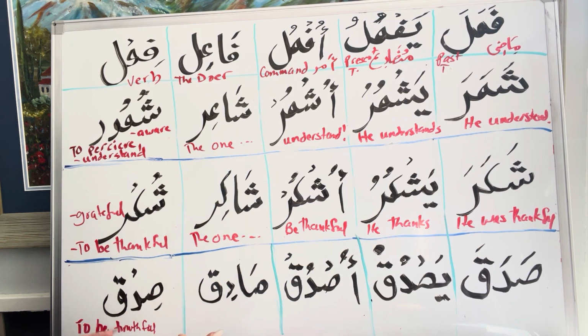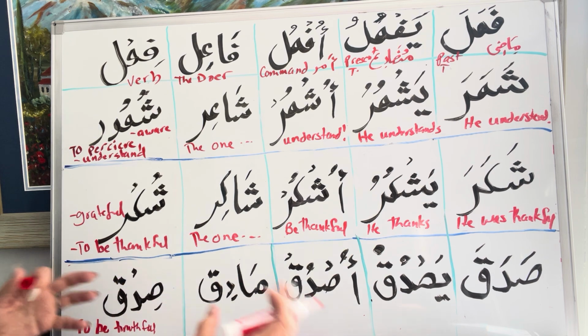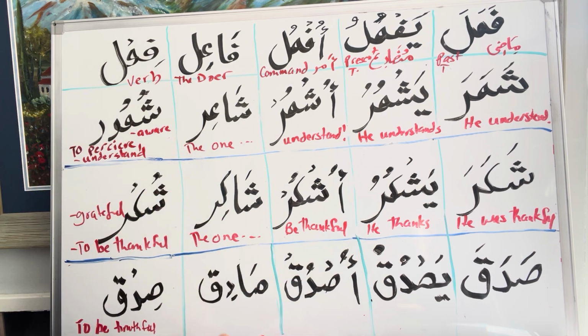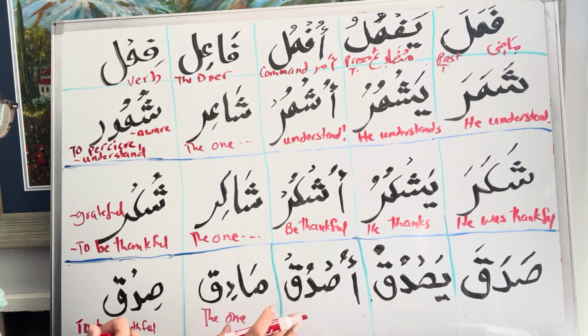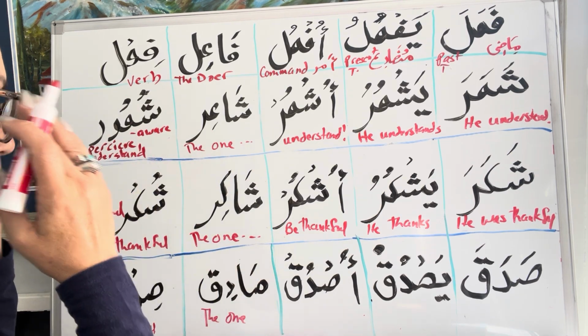Okay, to be honest, to always speak the truth. Good. Sadiq is the one who is doing the action. And then we always hear names Sadiq for people, and we hear Shakir. So these are also names that are placed on people.